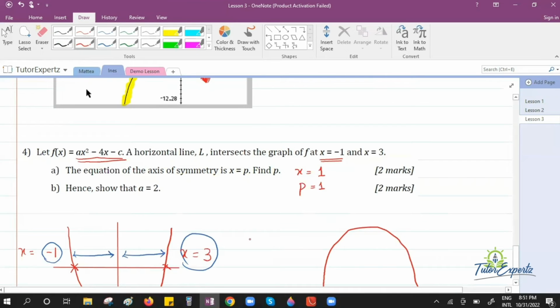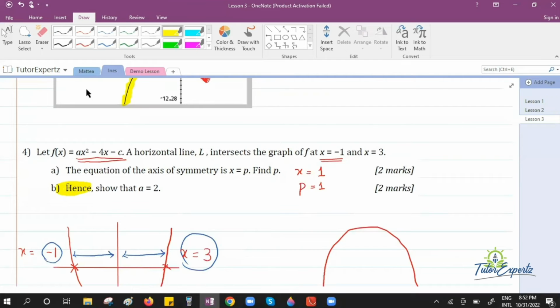Okay. Now it says, hence show that a equals 2. The word "hence" basically tells us that we need to pay some attention to the answers that we have already got.